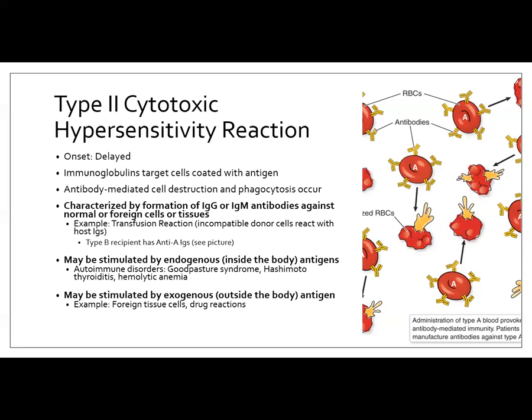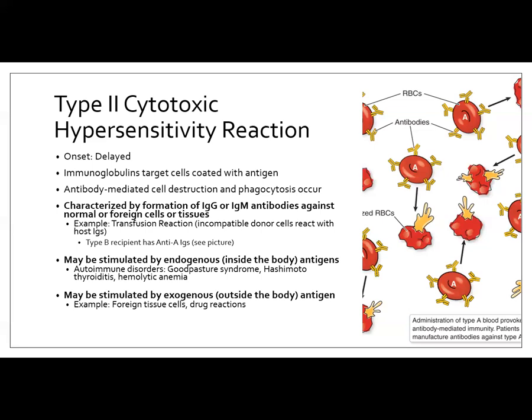Now, if a patient has a history of type 2 cytotoxic hypersensitivity reaction, they will not receive another dose of that medication. Like if they've got an allergy to hydralazine, penicillin, or whatever it may be, and they have a history where they developed hemolytic anemia, where their body's basically attacking and destroying itself, you will not give any doses of that medication because it puts them way at risk.